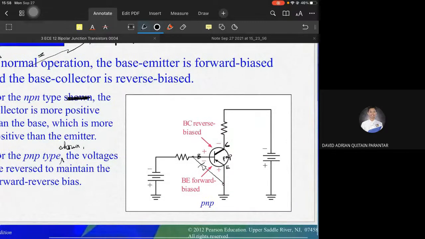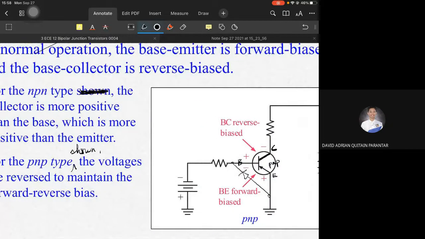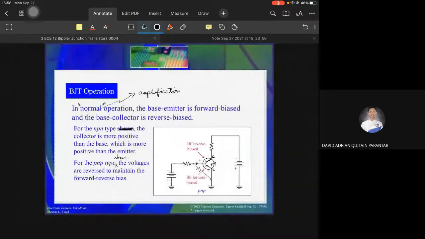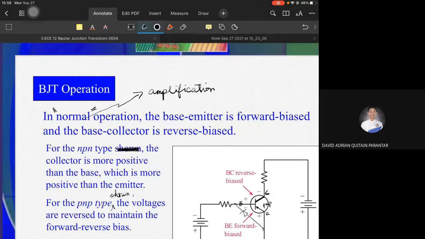So don't worry if medyo vague pa as of this time ang most of the things that I'm talking about. This will all be made clear if mag-start na tayo analyze og actual amplifier circuits, no? So posible nga medyo technical kaning mga information.